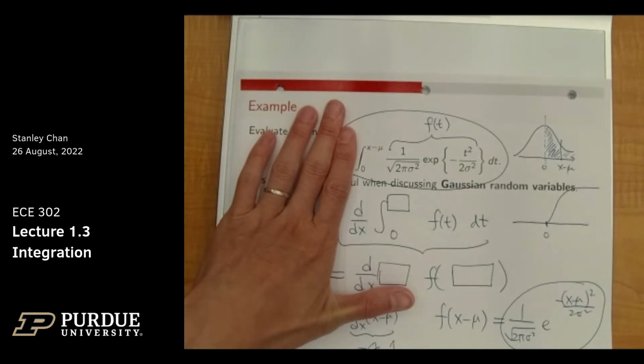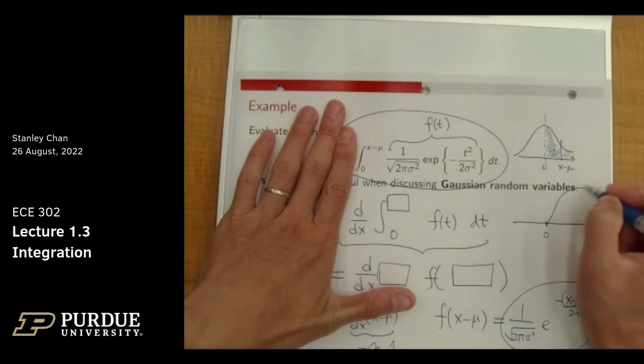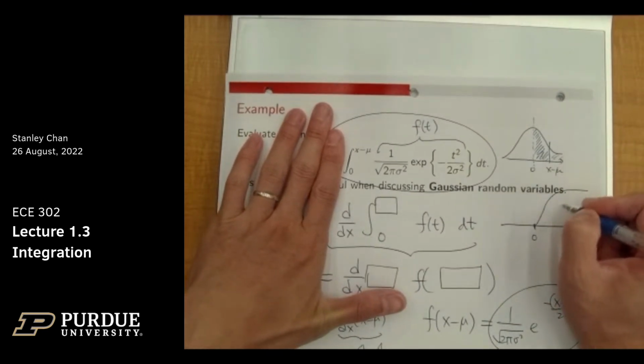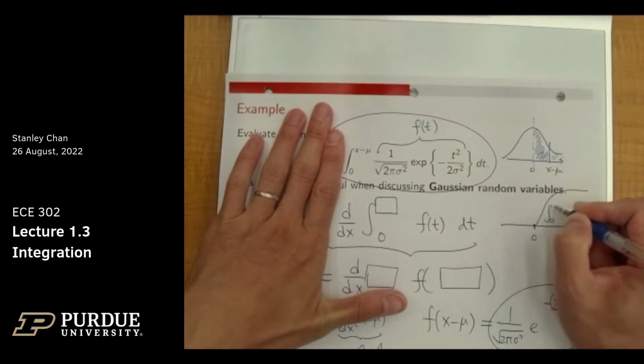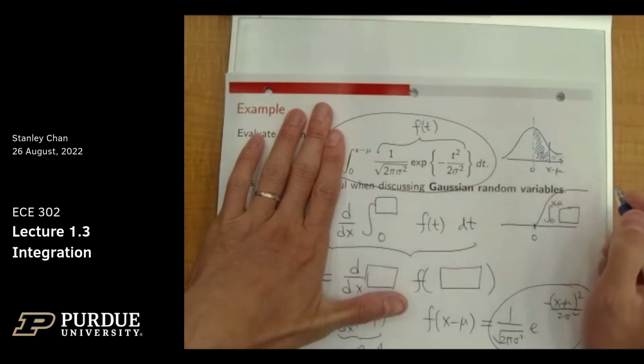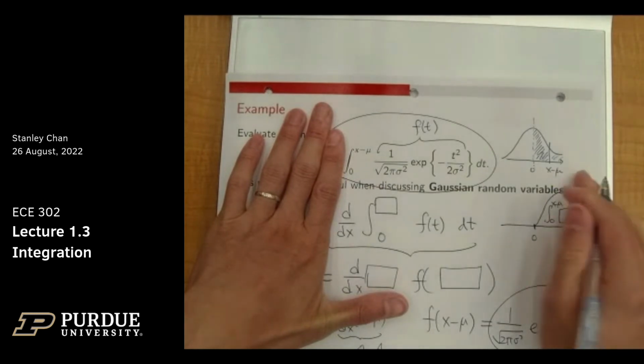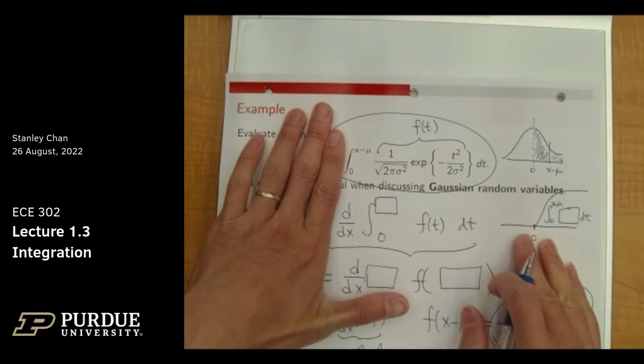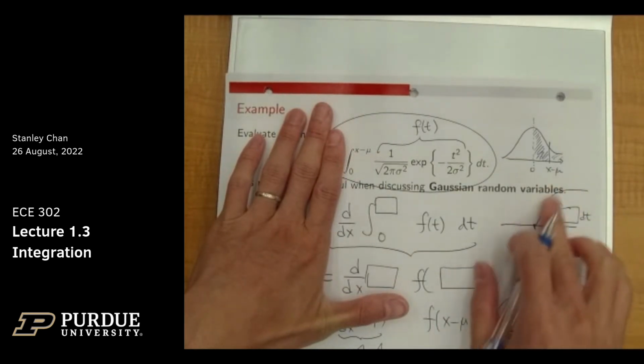Correct? So this function will be the integration from 0 to x minus mu of this creature here, dt. This is the function. I'm asking, what is the slope of this function?